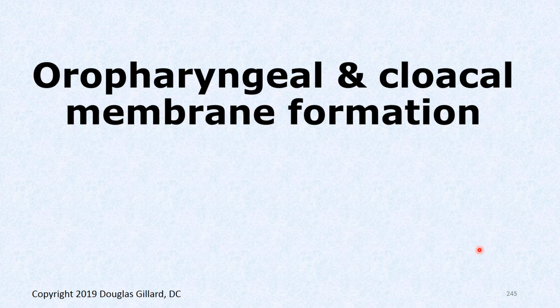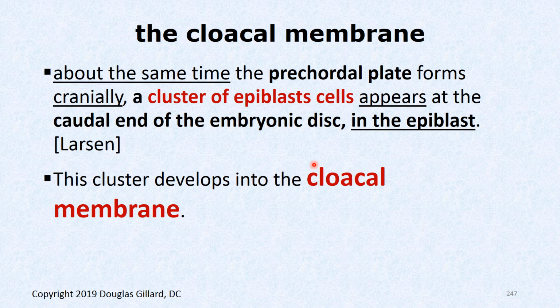All right, a little more work to do. And again, this could have happened anywhere in the time period I'm talking about, but it happens really close to the first couple days of week 3. The oropharyngeal membrane and the cloacal membrane need to be talked about real quick. Talk about the cloacal membrane first.